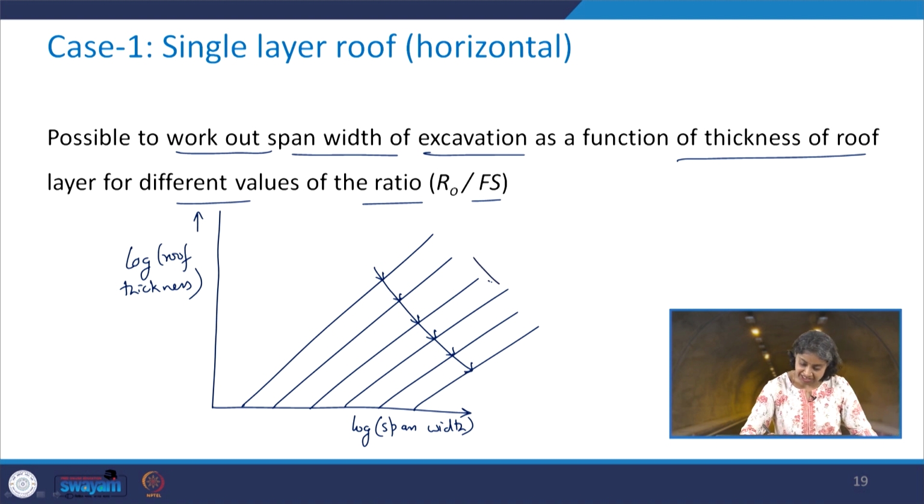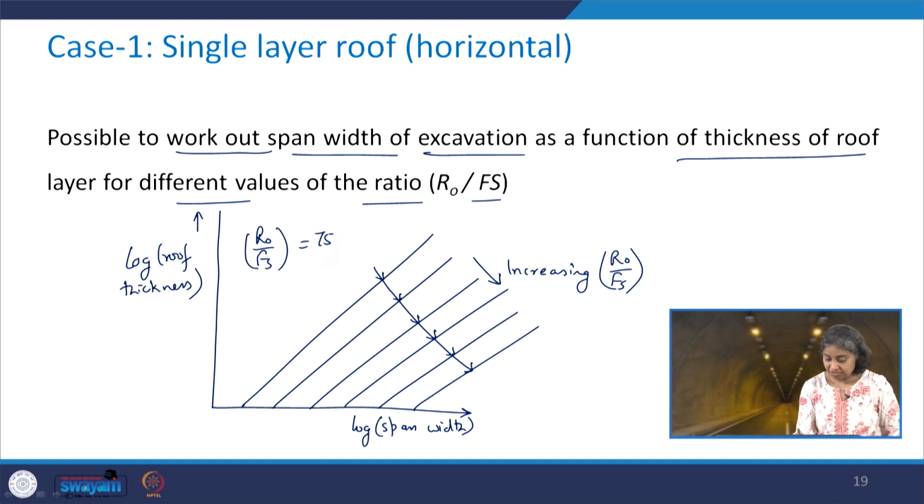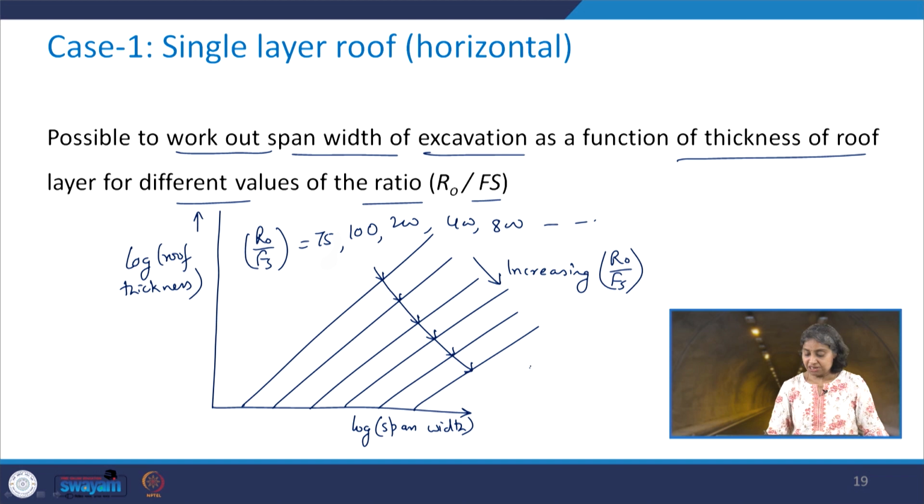In this direction it is increasing value of R naught upon Fs. So, maybe you can have R naught upon Fs as 75, 100, say 200, 400, 800 and so on. Likewise you can develop this kind of chart.